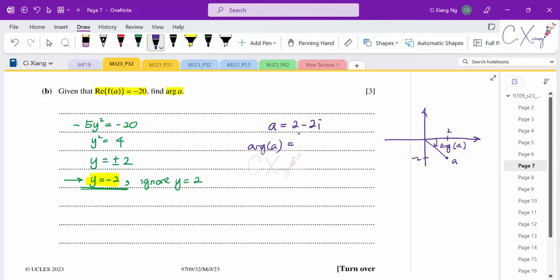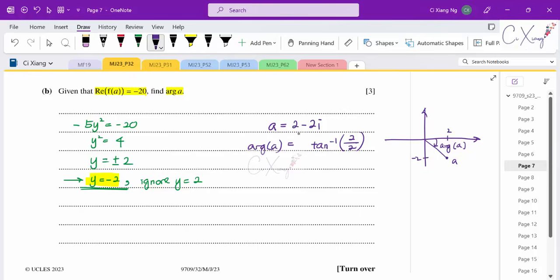You can see this is the acute angle, right? To find the acute angle, it should be tangent inverse of 2 over 2. I ignore the negative sign because I want to get the acute angle itself. If I substitute in the negative, I might get the answer from a different quadrant. So usually my practice is to find the acute angle, or basic angle, first, which ignores the negative sign, and I'm having 2 divided by 2.